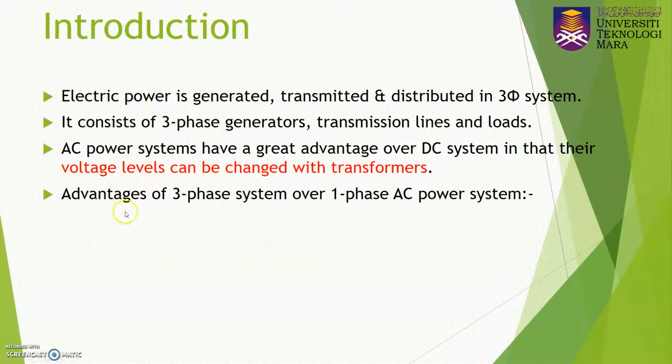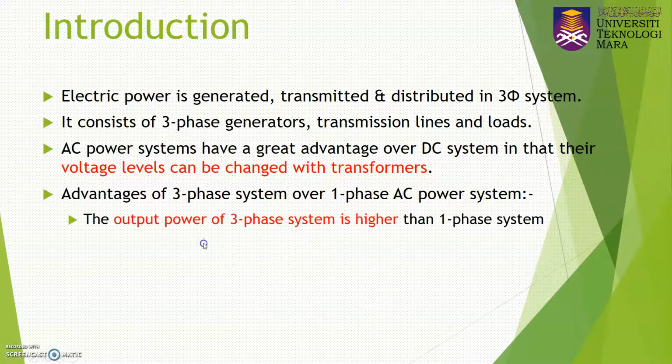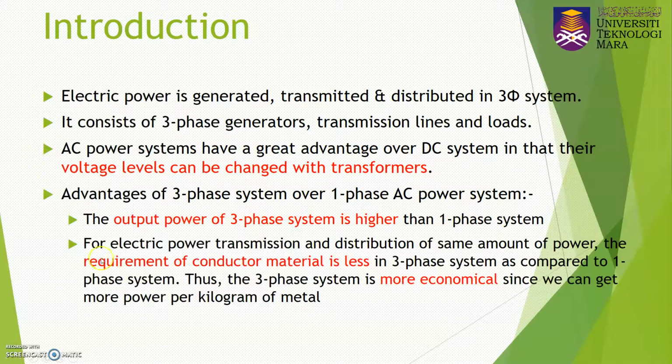The advantages of using the three-phase system over the single-phase AC power system are, first of all, that the output power of the three-phase system is higher than the single-phase system. Second, for electric power transmission and distribution of the same amount of power, the requirement of conductor material is less in the three-phase system compared to the single-phase system. Because less conductor is required, the three-phase system is considered more economical, since we can get more power per kilogram of metal.